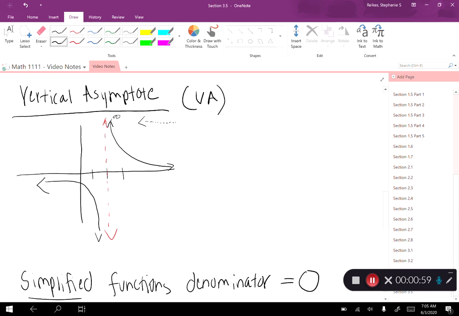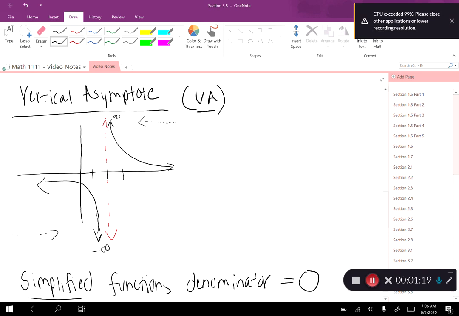Now, from the left-hand side, from negative infinity, traveling until I again approach x equals 2, this time my graph is going down and I'm approaching negative infinity. So this is a picture, again, of a vertical asymptote. You'll often see me abbreviate and call this VA.